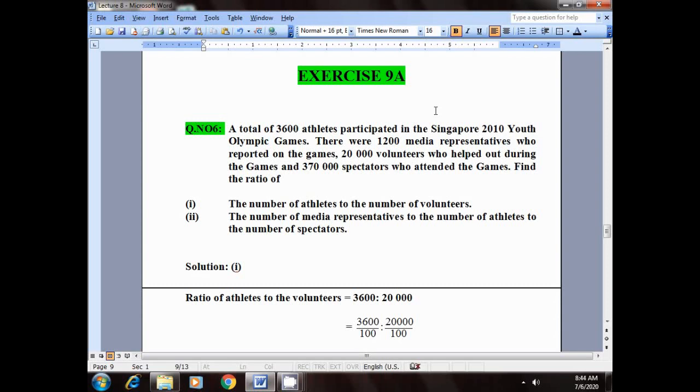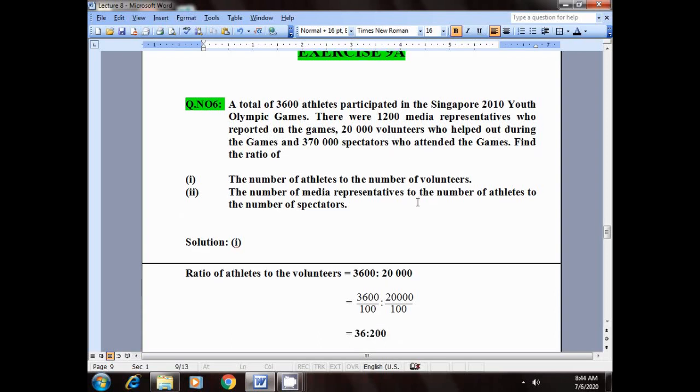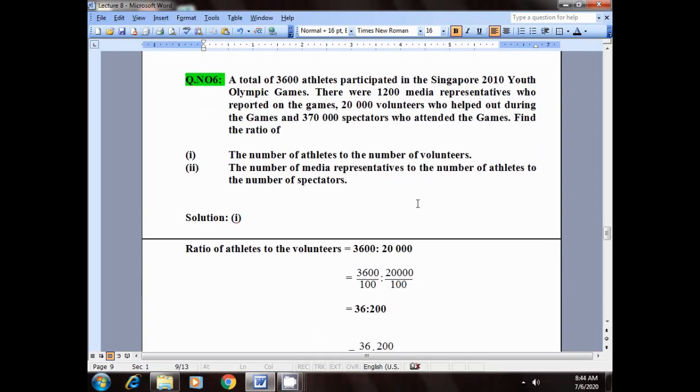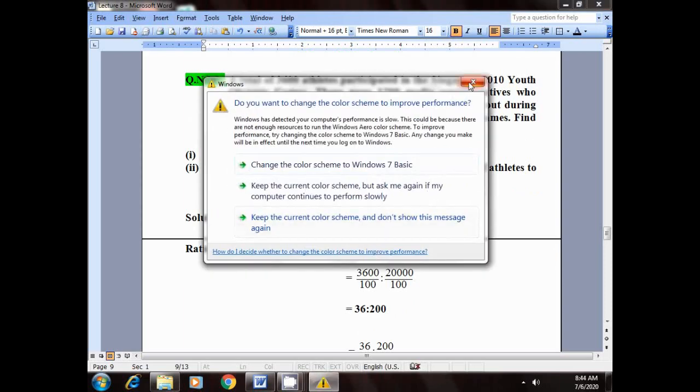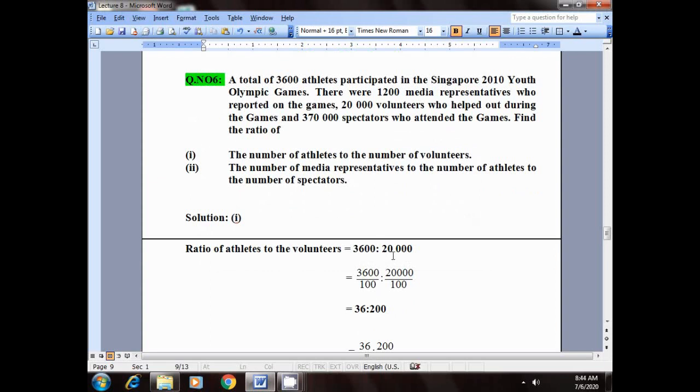So let's find the first ratio, which is the ratio of the number of athletes to the number of volunteers. Simply this can be calculated as 3,600 ratio 20,000, because the number of athletes in this Olympic Games is 3,600, and the number of volunteers given is 20,000.